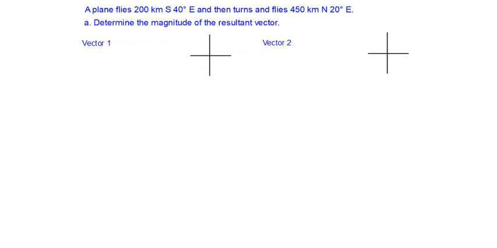So we're headed south 40 degrees east for 200 kilometers. So something like this, say. So we know that this here will be 200 kilometers. We know that the angle in here will be 40.